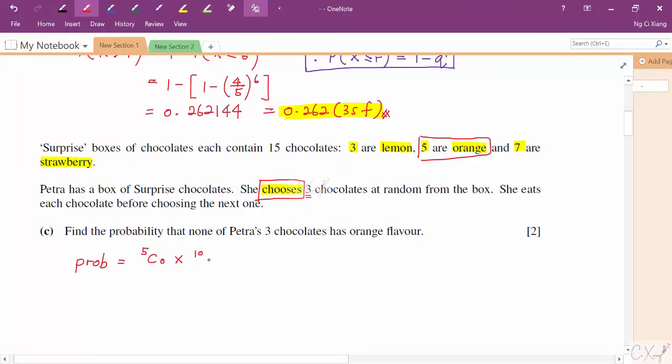I want to choose 3 from these, so it will be 10C3, divided by the selection without restriction. In total, I have 15 chocolates regardless of the flavor, and I want to choose 3 of them. So it should be 5C0 multiplied with 10C3 divided by 15C3. For this question, if you try to get the answer, it should be equal to 3 over 13.